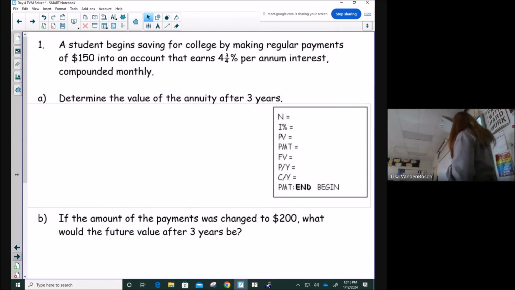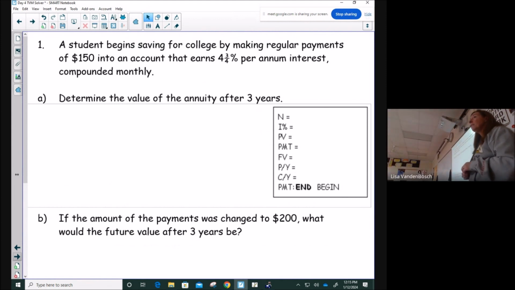Okay, so let's start here. A student begins saving money for college by making regular payments of $150 into an account that earns 4 3/4% per annum interest compounded monthly. Determine the value of the annuity after 3 years.